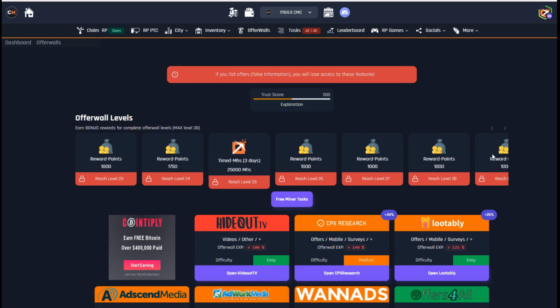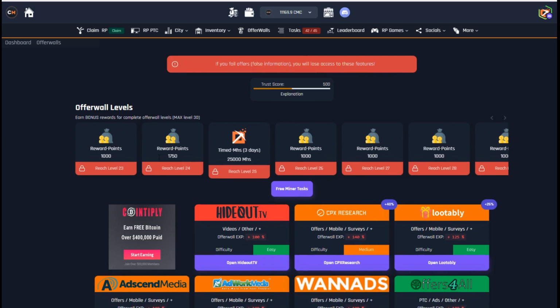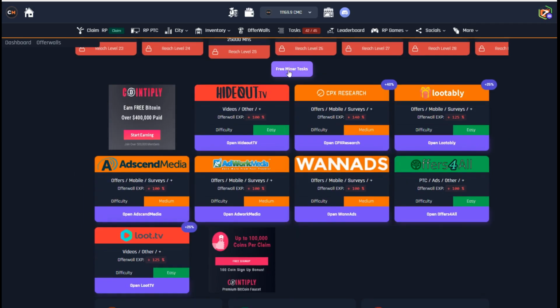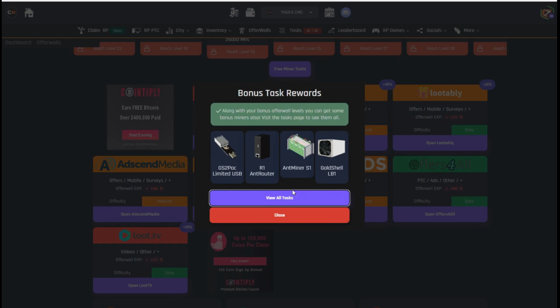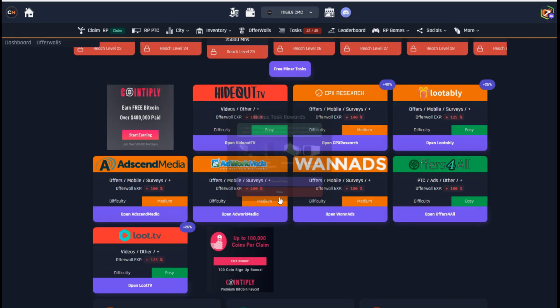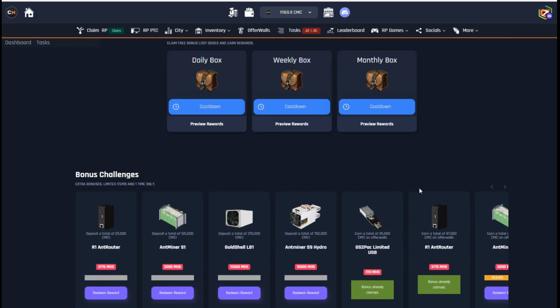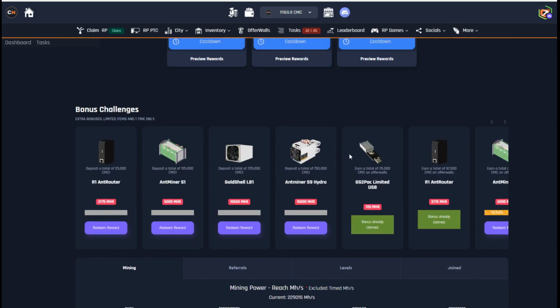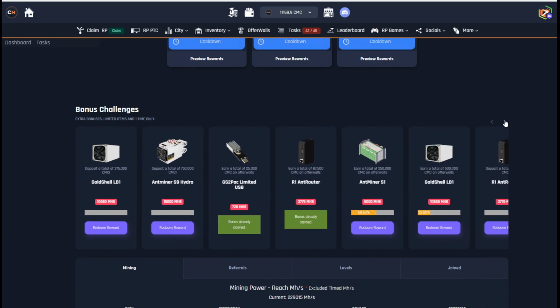And then if you go here where it says free miner tasks, you can click here, and basically this is for points that you've earned in the offer walls.